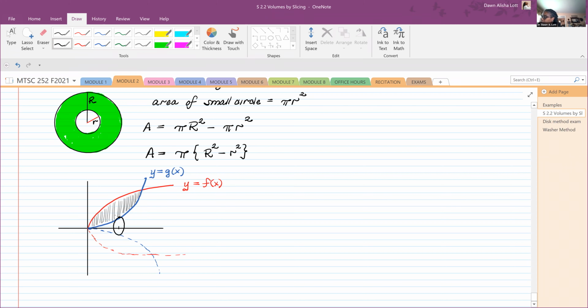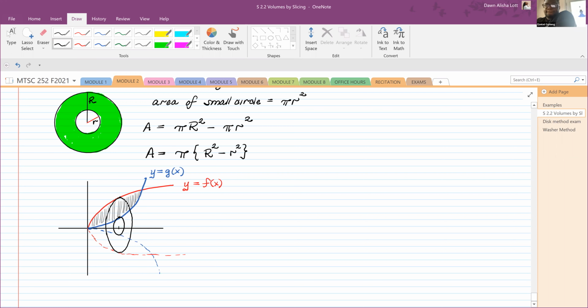But the point also on this curve is going to revolve around the x-axis and give me a disk. Okay, do you see the washer?